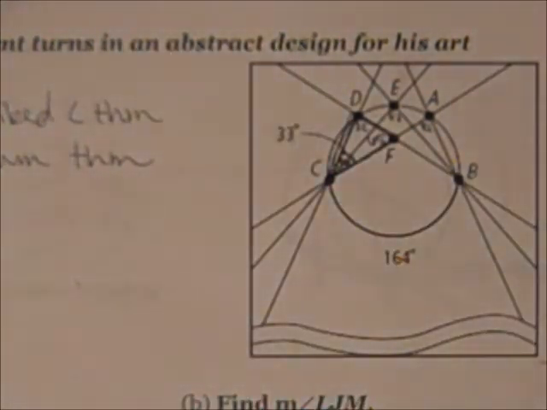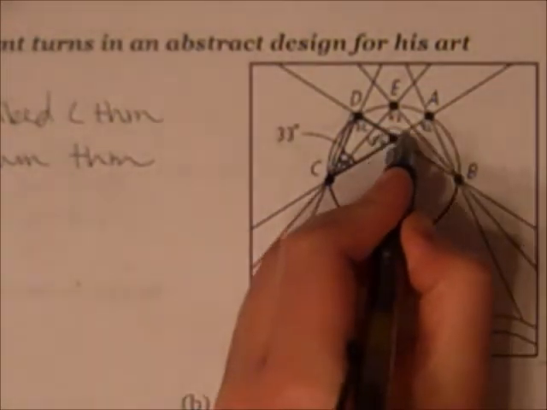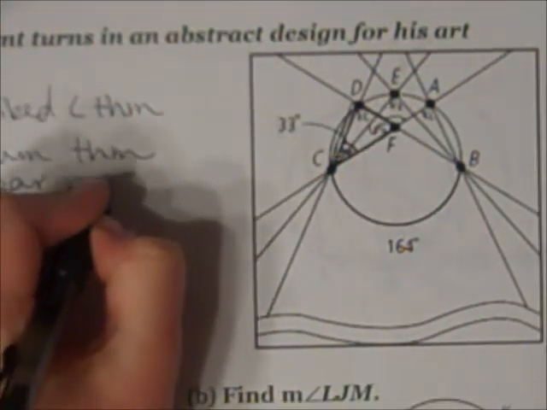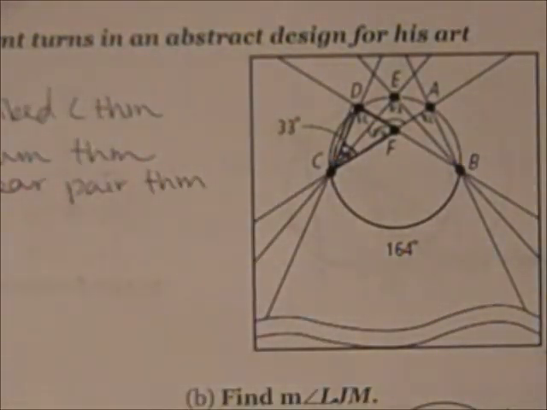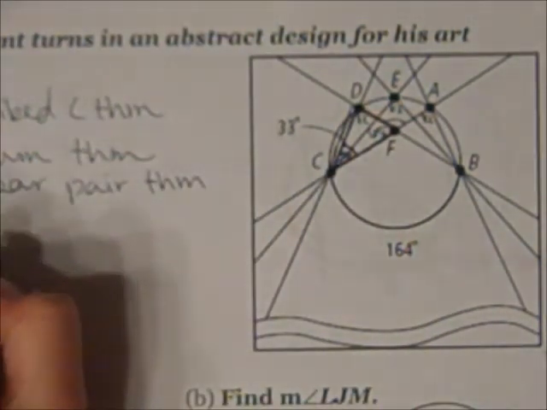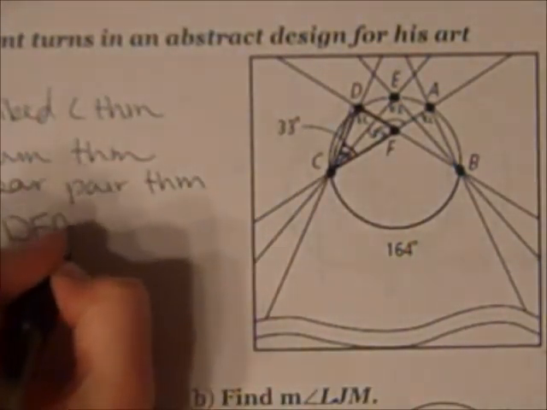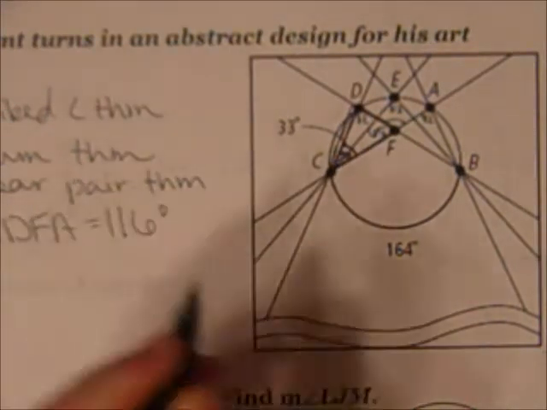Angle DFC has to be 65. And then if I want to get to DFA, I can use the old linear pair theorem and do 180 minus 65 is 115. So the measure of angle DFA is 116 degrees.